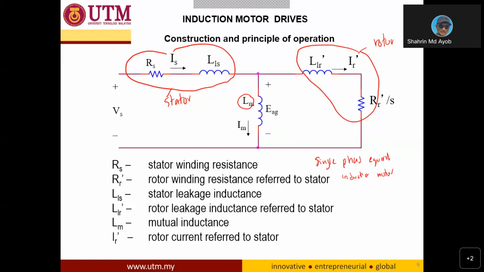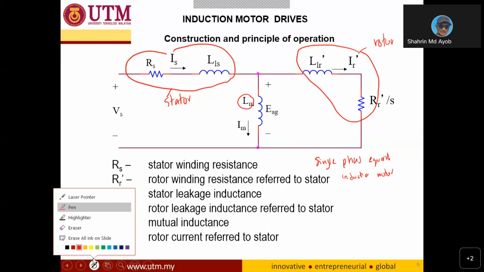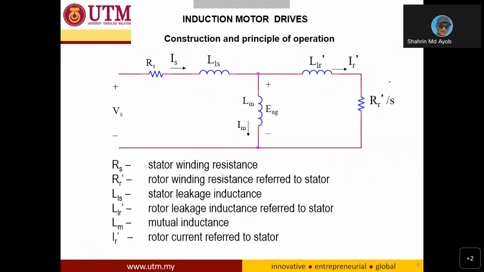So we only concentrate on analyzing using single phase. And then at this part, very important, I want to highlight this one. This value of resistance here, which is R rotor over S, meaning that this value of the resistor depends on the value of the slip.